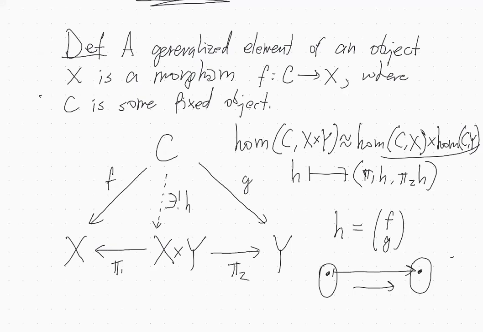So in the language of generalized elements, basically what we're saying is that product is an object whose generalized elements are ordered pairs of generalized elements of x and generalized elements of y. So in a way, we're kind of defining Cartesian product in the language of generalized elements. I would like this to make sense, so please do ask questions to fill some of the gaps that I might have left in the explanation.